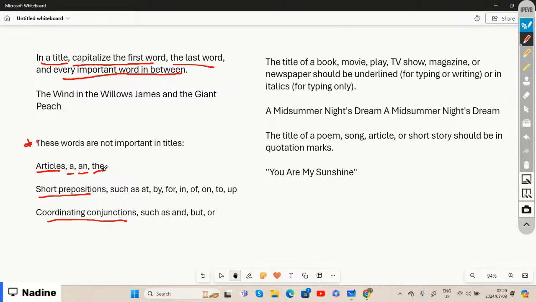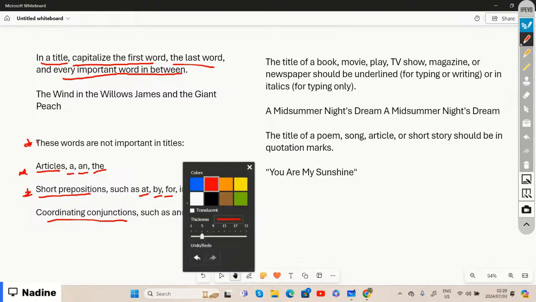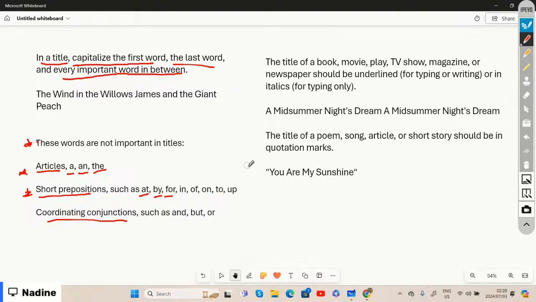Then words that are also not important, right? The only time they may be capitalized is when they are the first word of a title, and that is short prepositions. Short prepositions are words such as at, by, for, in, of, on, to, and up.